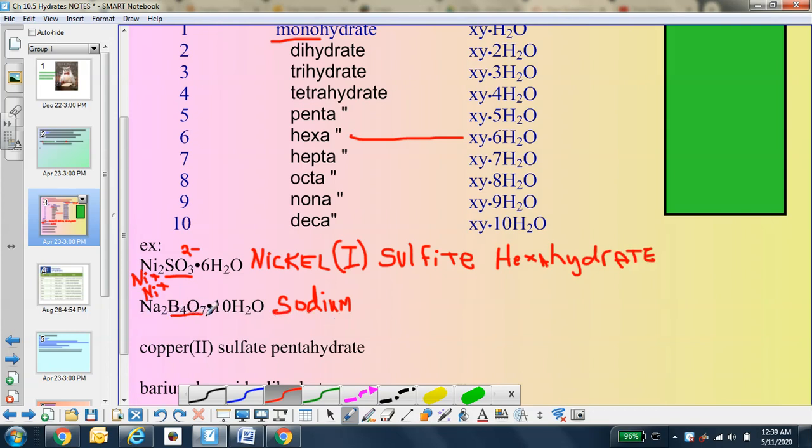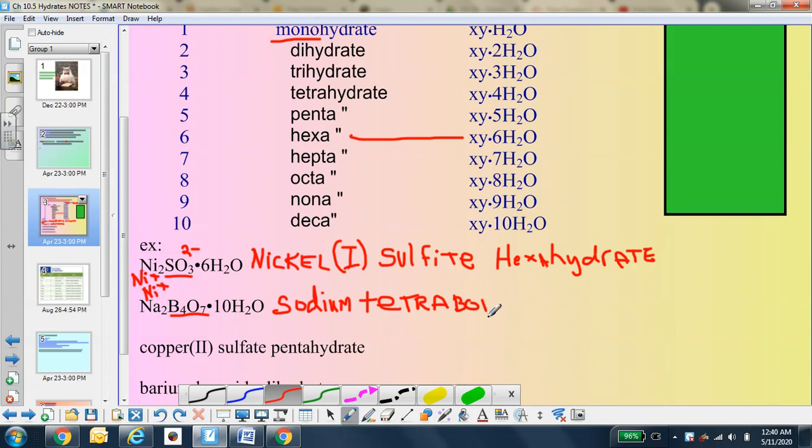Now we're going to look up B4O7 on your polyatomic ions. That is tetraborate, not to be confused with any of these prefixes.